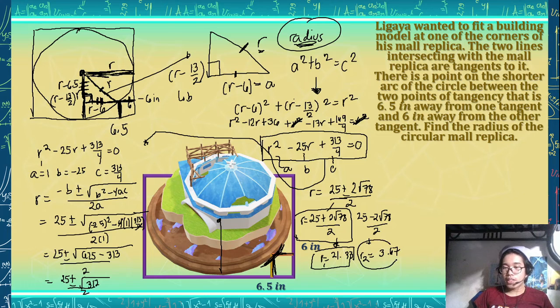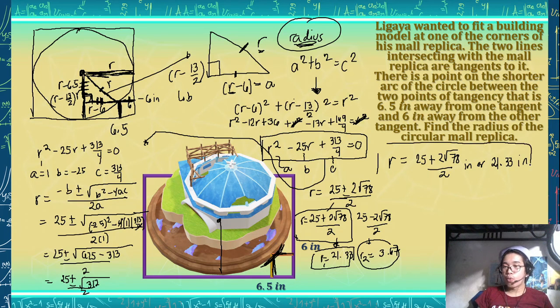So why can't the other one be the value of r? Because remember, if we try to subtract 3.67 from 6, it's going to give us a negative value. And these are real-life measurements. So therefore, the value of the radius for this problem is going to be 25 plus 2 square root of 78 all over 2 inches, or just simply 21.33 inches.